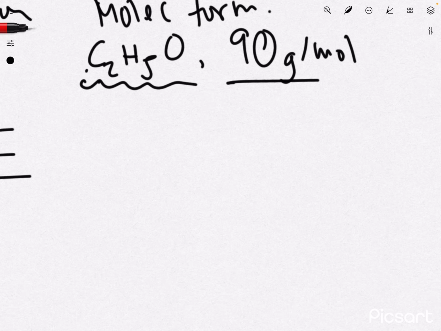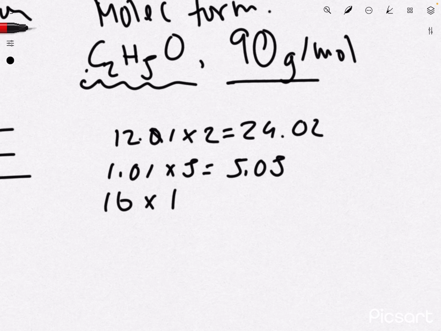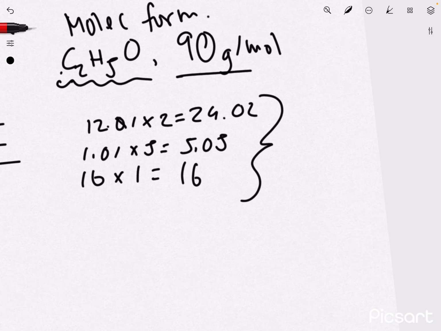So 2 carbons, I'm just going to do 12.01 times 2, giving us 24.02. Hydrogen, 1.01 times 5, 5.05. And then oxygen, 16 times 1, just 16.